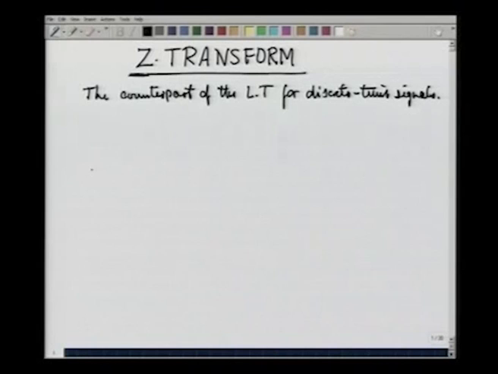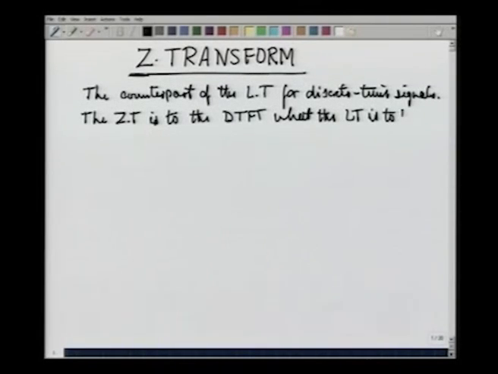That is to say that the ZT, as I will abbreviate it to, is to the DTFT what the LT is to the CTFT.